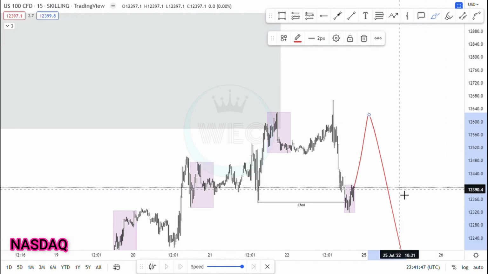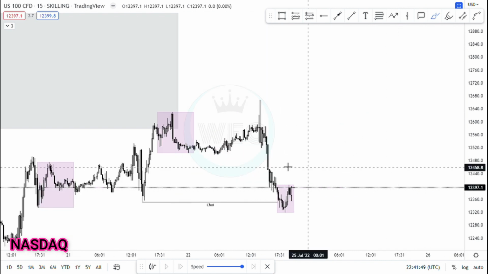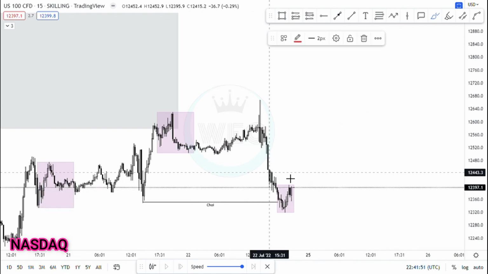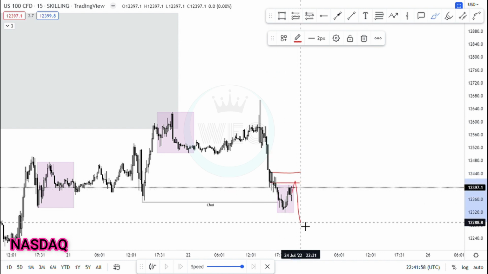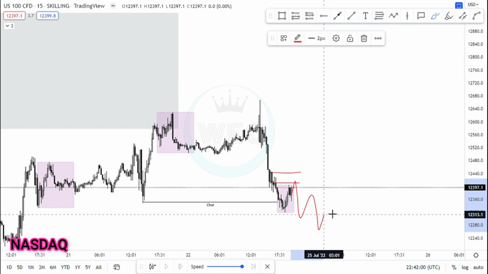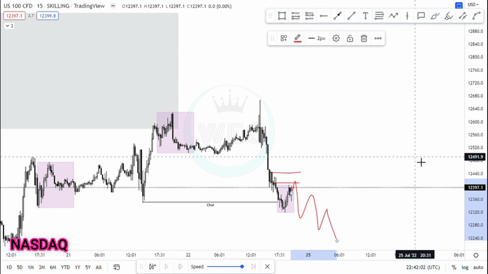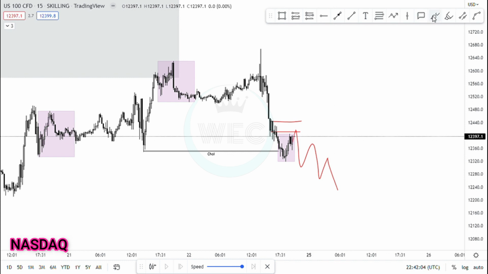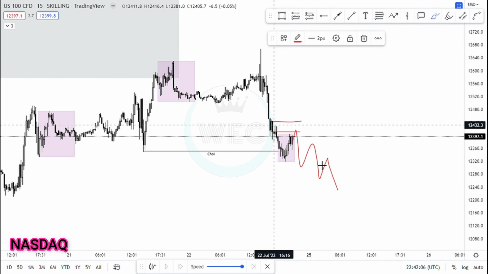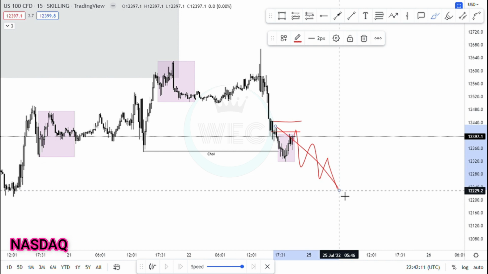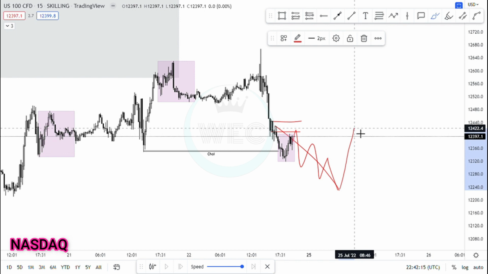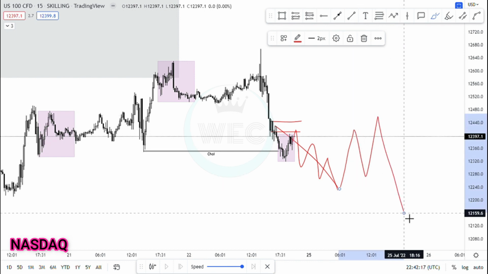Another thing we can have is price not making a deeper retracement, but reacting off just these 5-minute structural levels, and then pulling down. But have it at the back of your mind that if price does something like this, then this whole leg will be one leg, and there will be a higher tendency that price will come back like this before continuing the move to the downside.